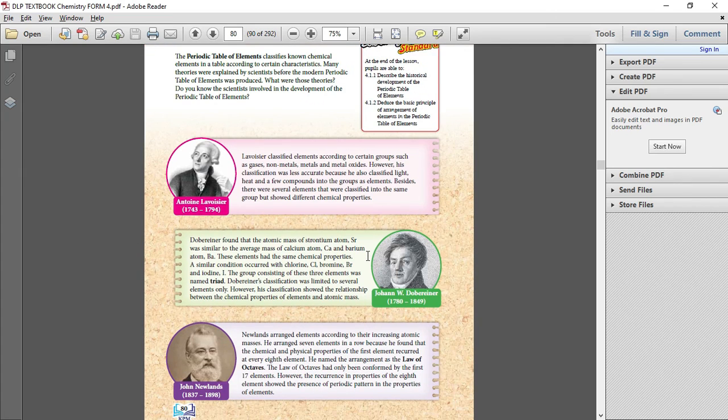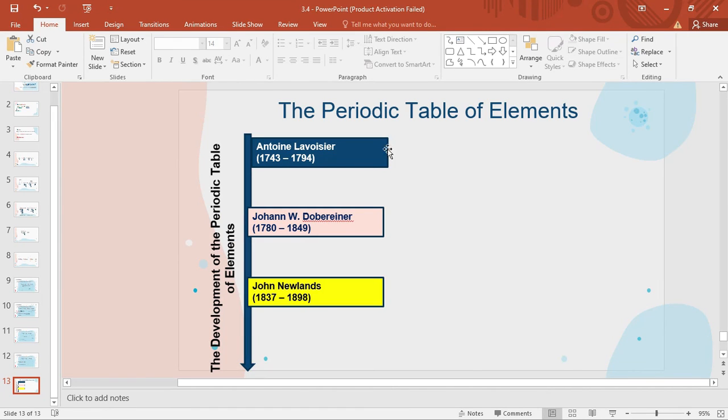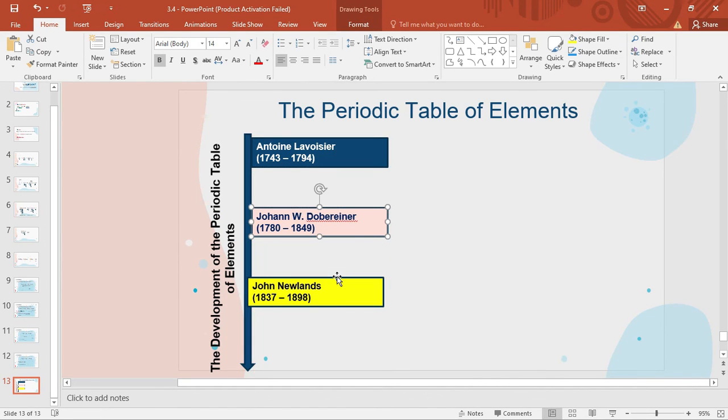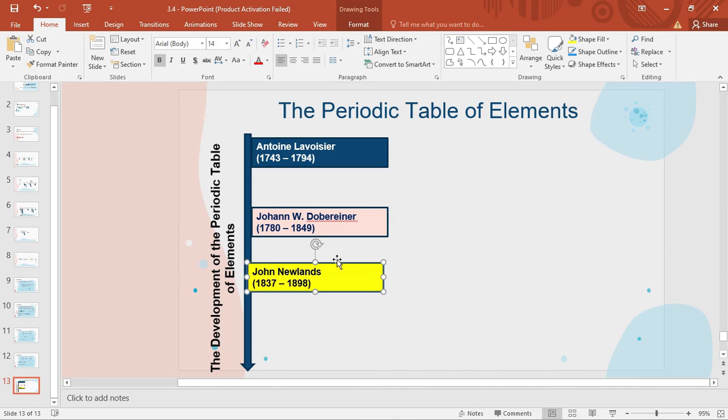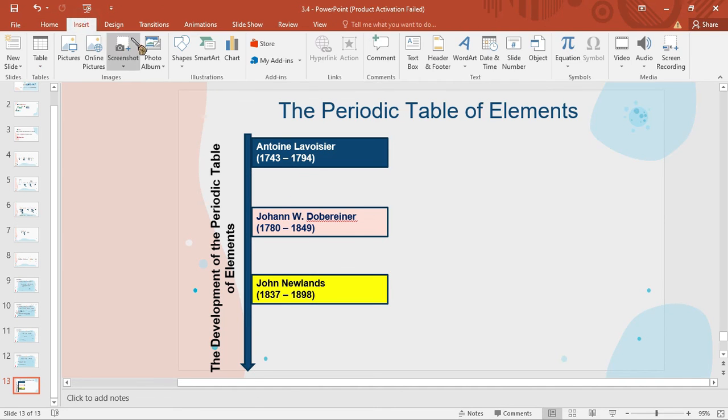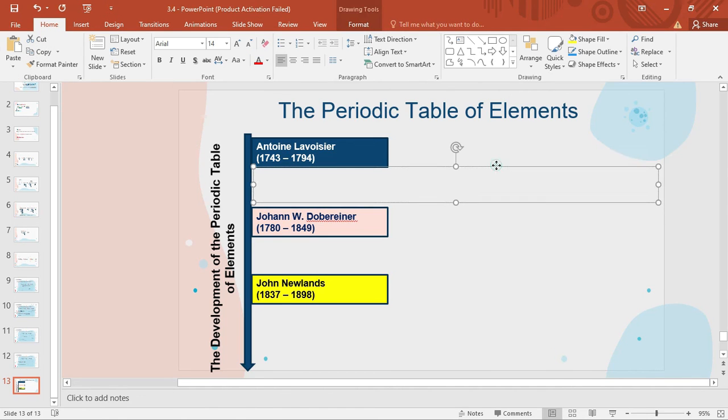Cikgu buat video ke buat slide? Tulis. Oh, so kalau saya buat slide, saya hantar kat cikgu dalam PDF. Oh, alright.